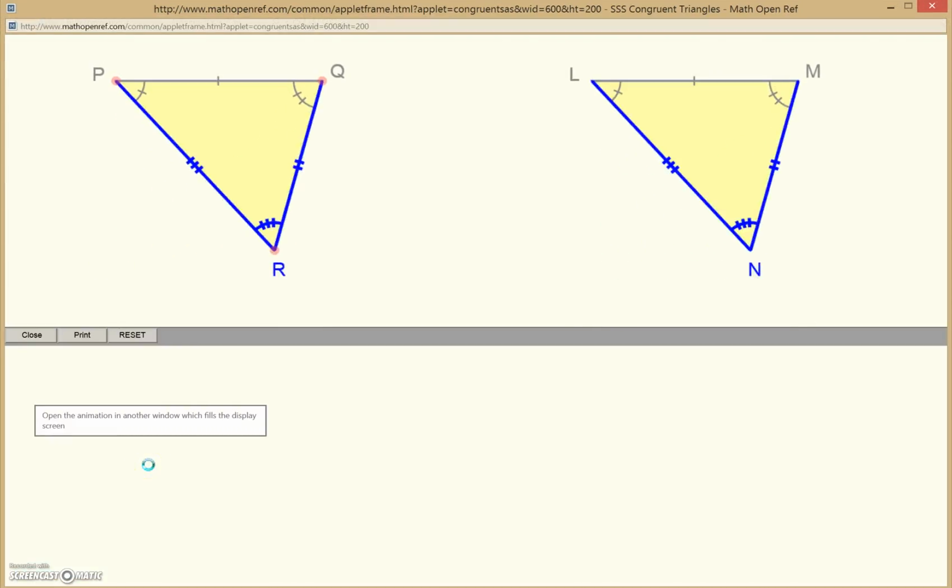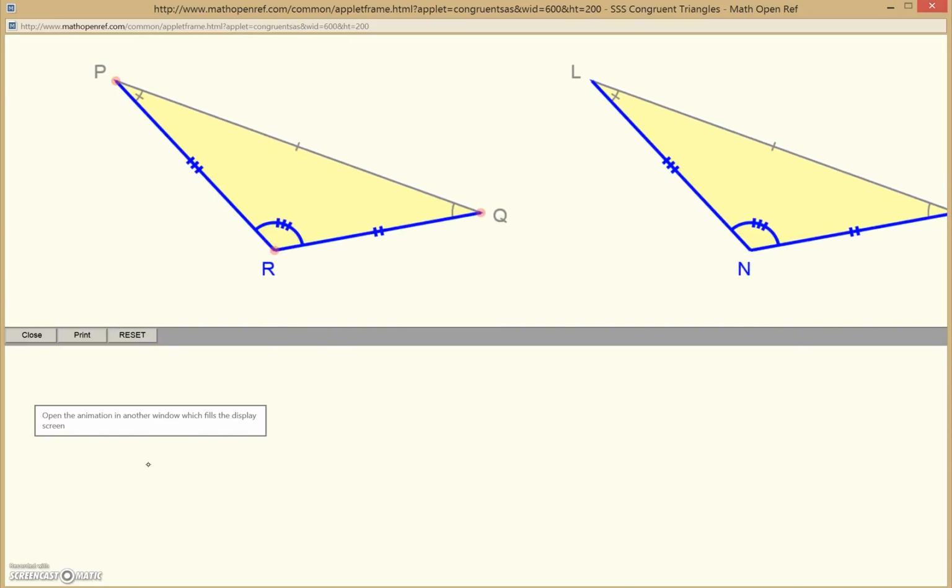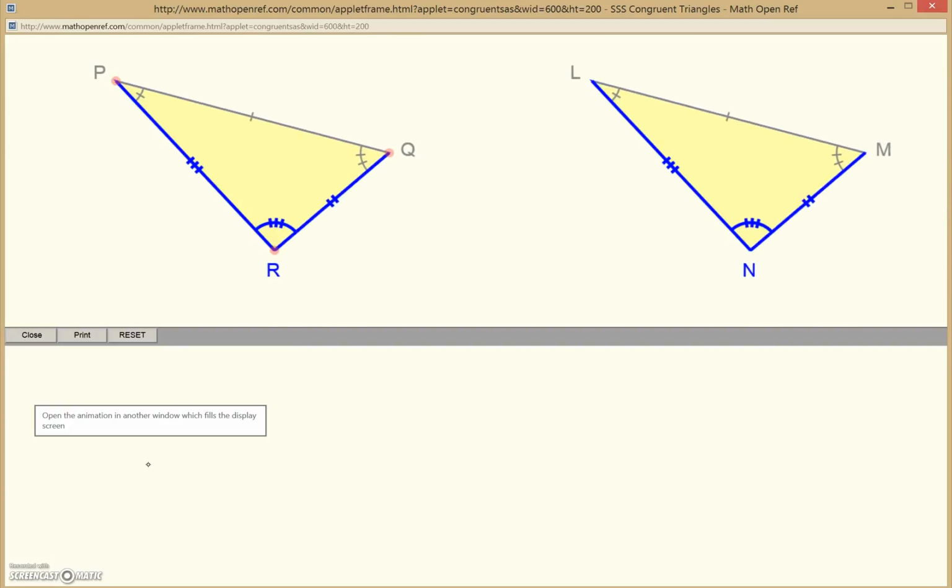So no matter how our triangles are moving around, or how I'm extending PQ and LM, that third side of our triangle will always have to be the same length.